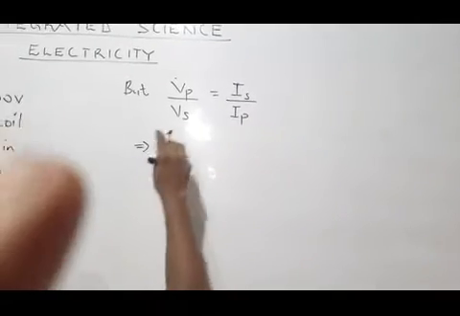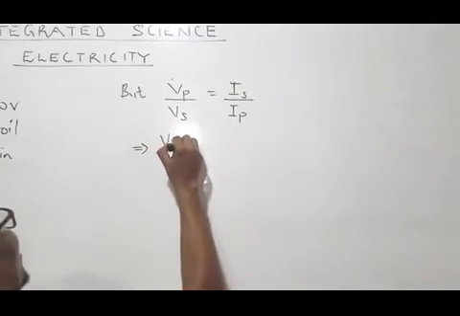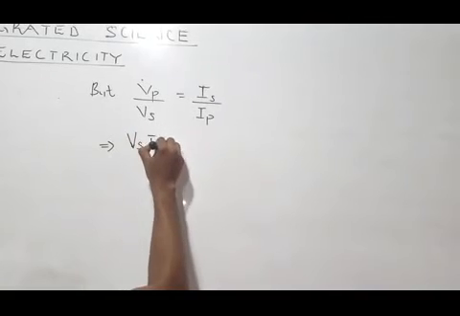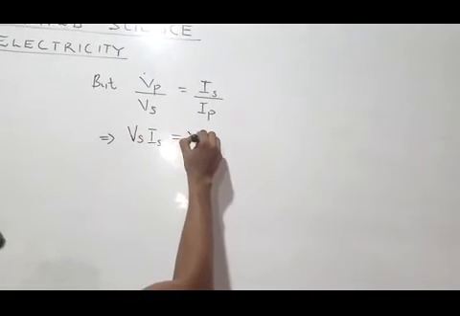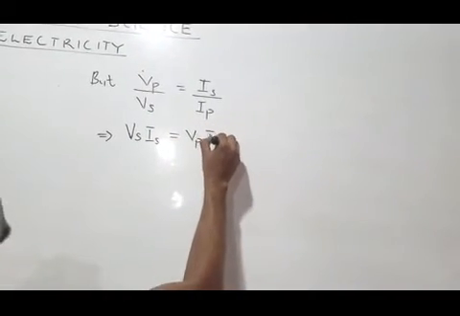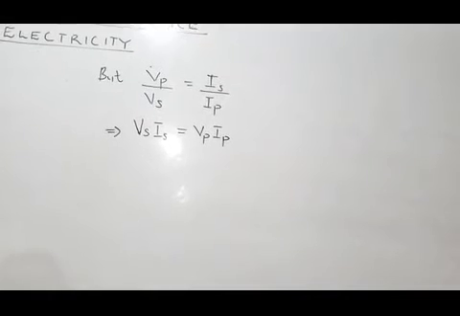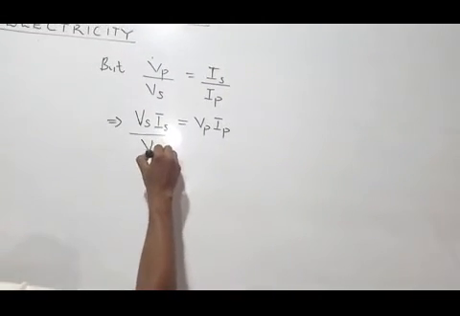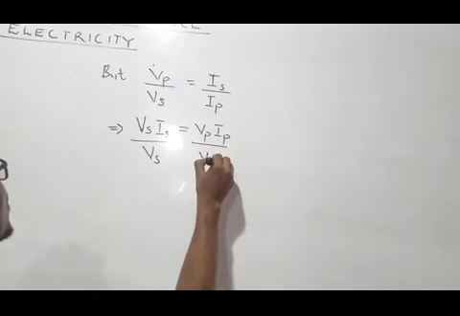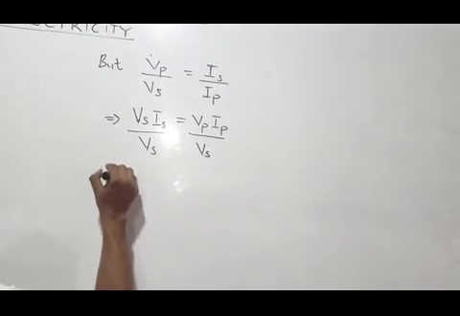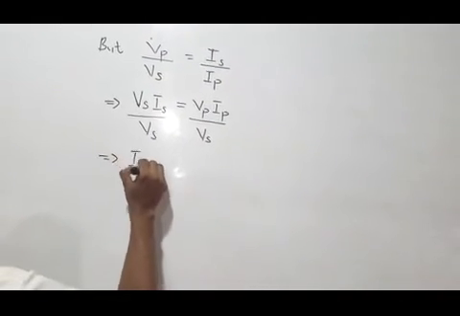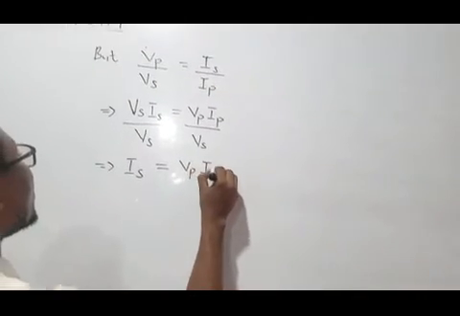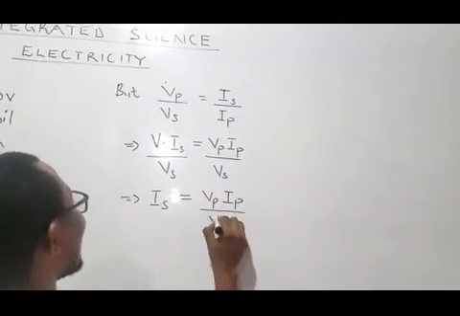You cross multiply: Vs times Is to be equal to Vp times Ip. We are making Is the subject, so we divide both sides by Vs. The Vs cancel out, and you have Is to be equal to Vp Ip over Vs.